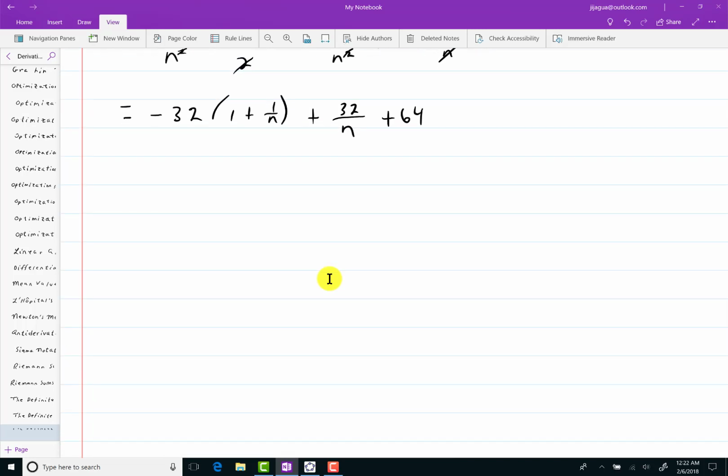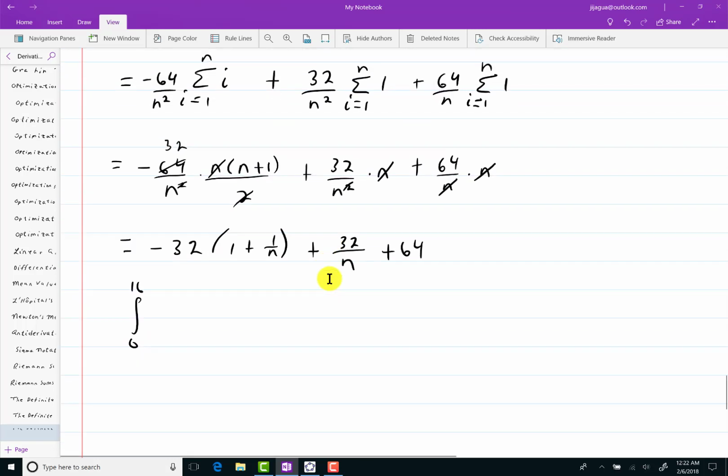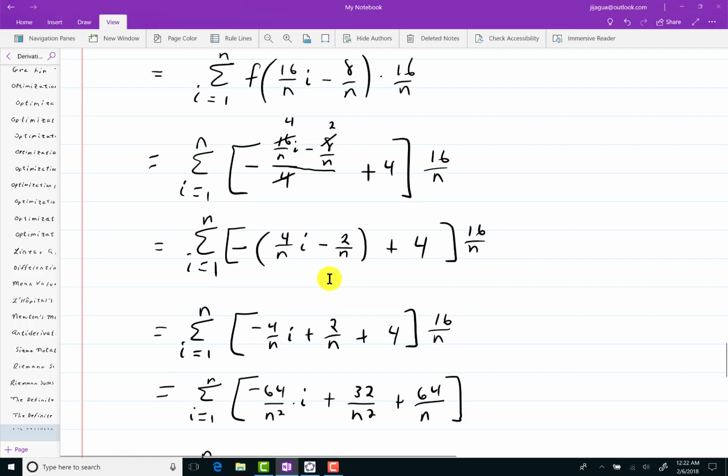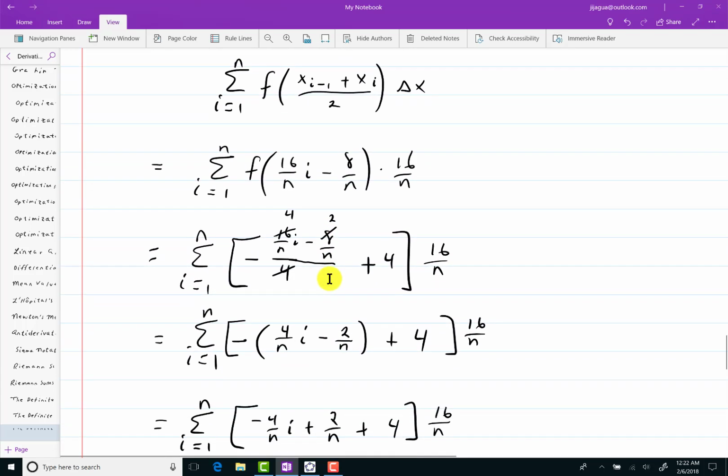Then the integral from 0 to 16, what was our function? Negative x over 4 plus 4 dx is going to equal the limit as n goes to infinity. Let me find one of the earlier sums that I can use in here. I'm not going to use this one.